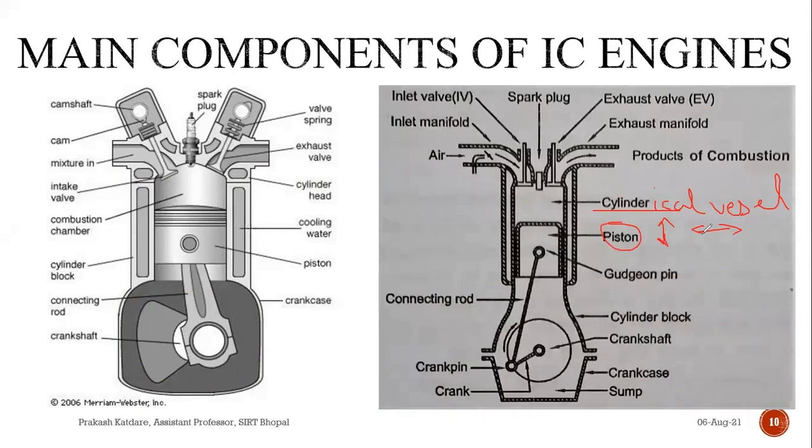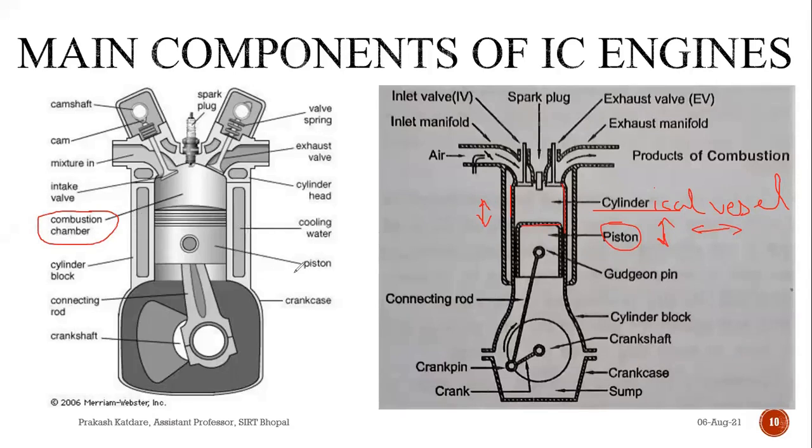The volume which will be created in the cylinder during the operation of engine, here it is piston, this is our cylindrical space. On the movement of piston, whatever volume is left, this volume is filled with our working fluid, and this particular volume is subjected to different thermodynamic processes. And this space where the combustion will occur is known as our combustion chamber.